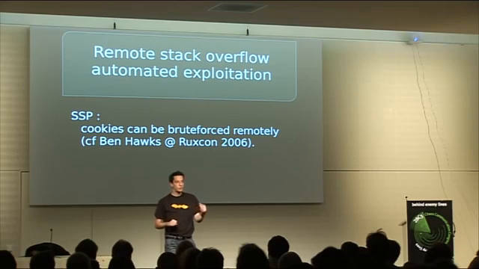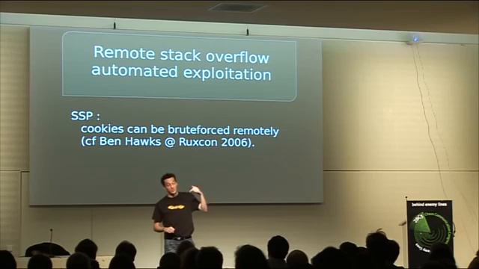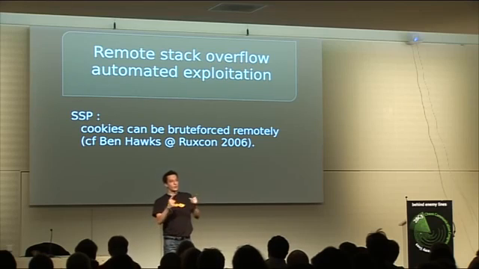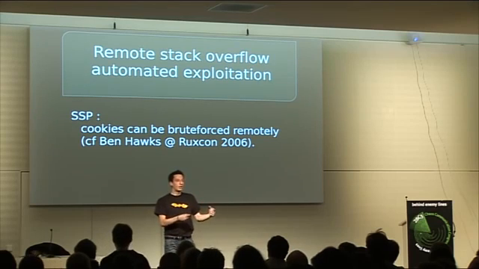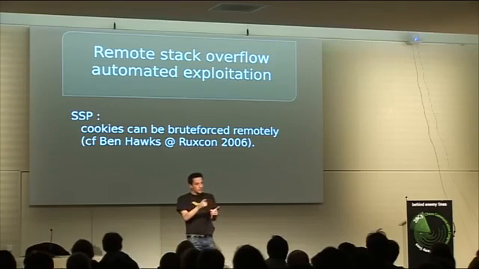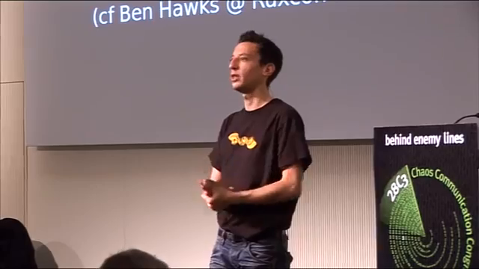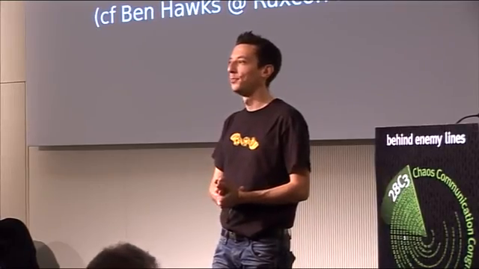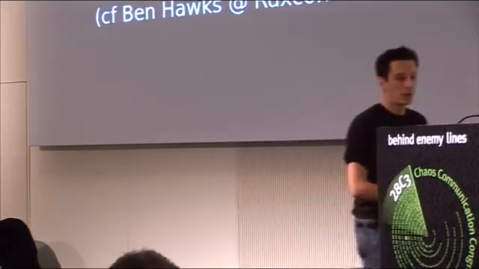I have 256 tries, and after 256 tries, one of them is actually going to succeed, and that gives me the first byte. So byte per byte, you have 4 bytes, assuming a 32-bit architecture. So in 1,024 tries, you can actually brute force the stack cookie. And that's pretty bad.